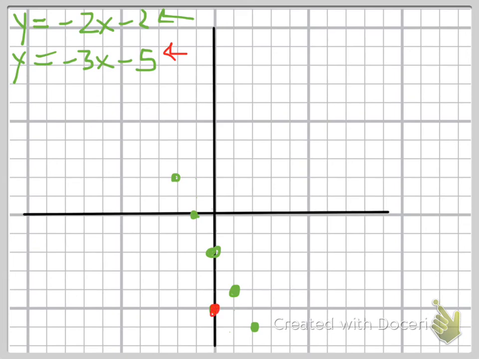Now, this one is not going to be very friendly to go down 3 and right 1. So I want to go up 3 and left 1. Up 3 and left 1. All right, now it looks like if I graph one more point, up 2 and left 1 for the green, I'm going to have my intersection point right there.